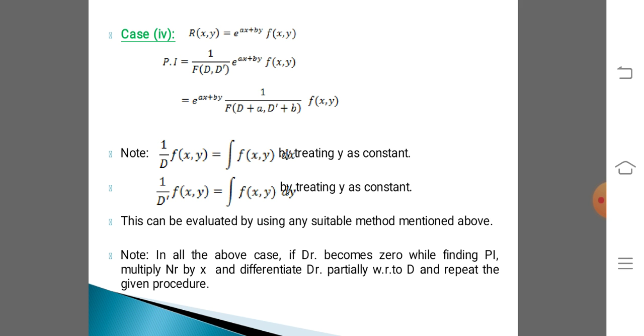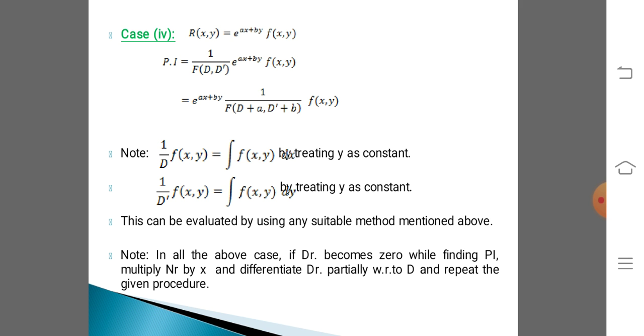Another important point, when finding the particular integral, sometimes the denominator may become 0. You may get 0 in the denominator while finding the particular integral using any function, e power ax plus by or sin of ax plus by or x power m into y power n.